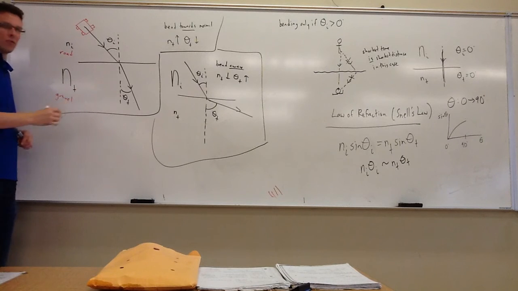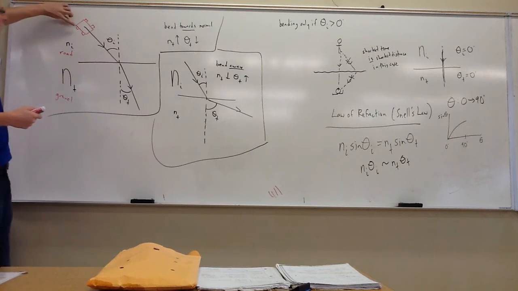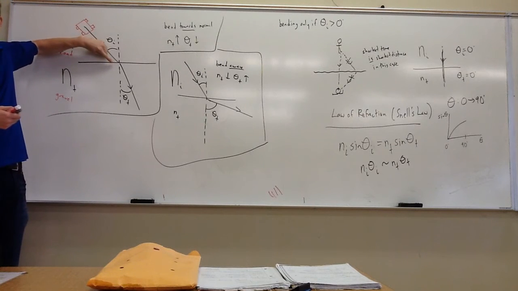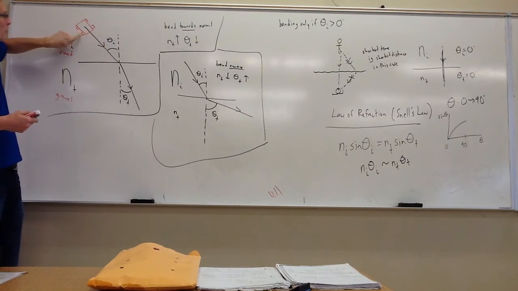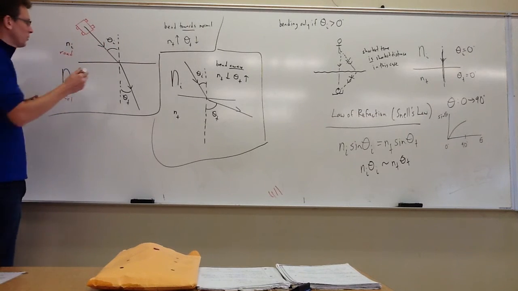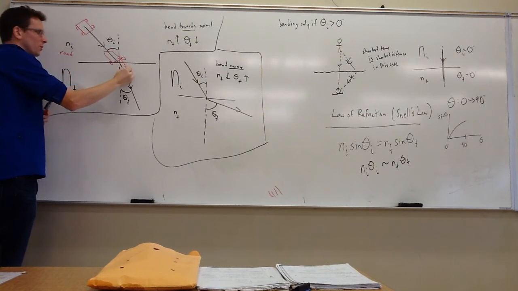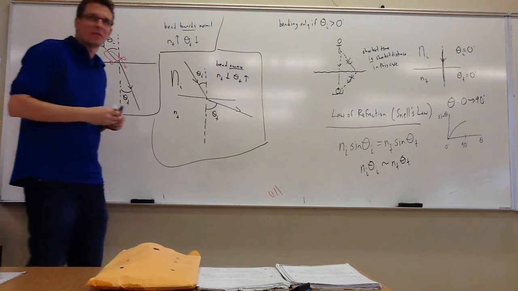You travel slower on gravel, so the n value is larger. Imagine coming in at an angle. One wheel is going to hit first. So this wheel is going to run in first, and it's going to jerk you around and redirect your path. So if you hit this wheel first, like this, it's going to jerk you around and have you follow a different path.